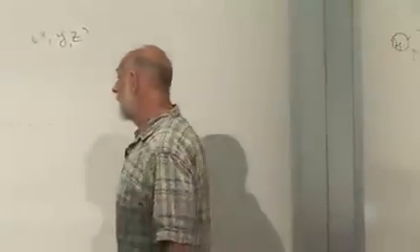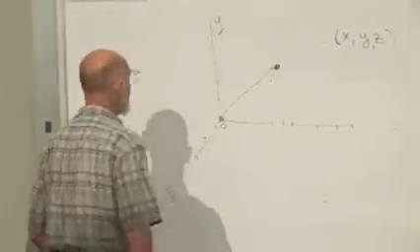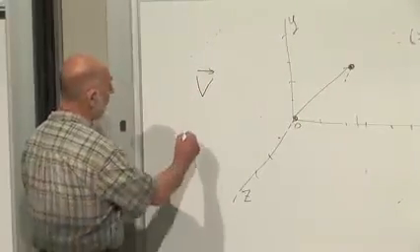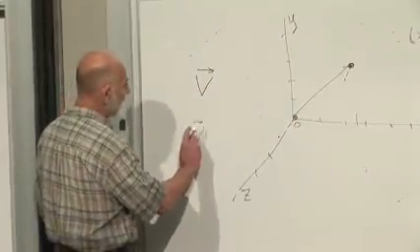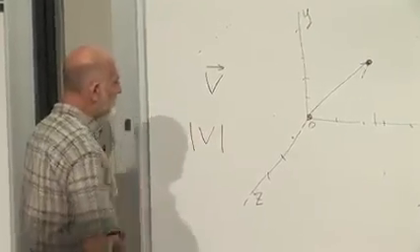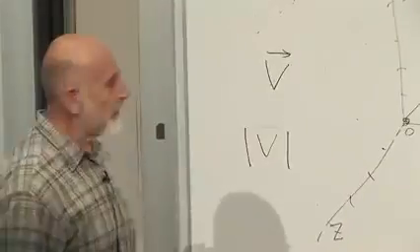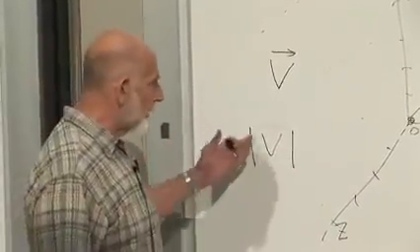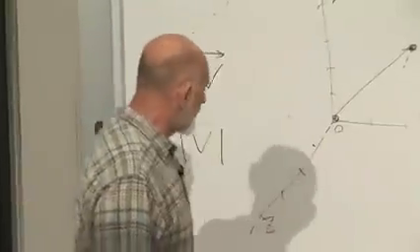Every vector can be described or has associated with it a length. In fact, for the length of it, I don't have to put a vector sign. Two bars on either side of it, the absolute value of it, are called its length. So this is a way of writing its length. Okay? So that's the length of the vector.